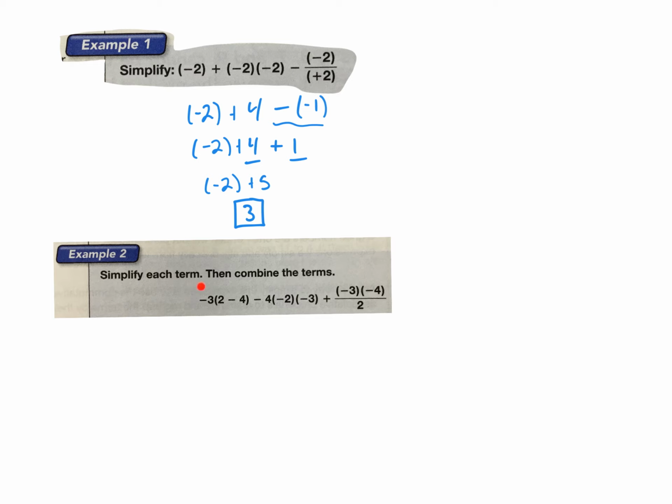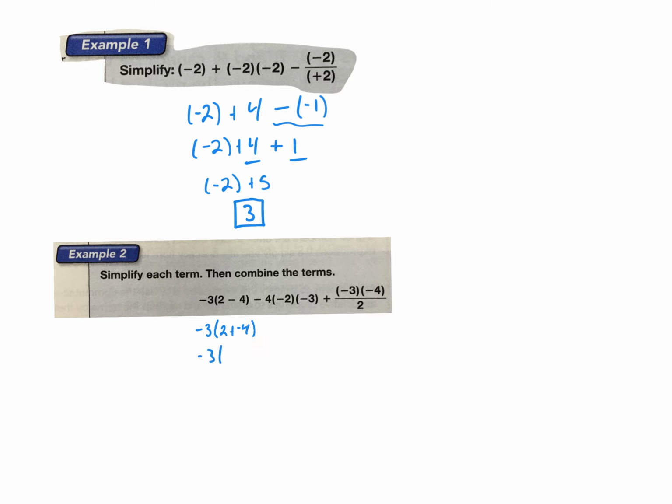Another one, simplify each term, then combine like terms. Alright, so here's this term, here's a term, and here's a term. So first off, I'm going to use the inside of the parentheses, so 2 minus 4. It's the same thing as saying negative 3 times 2 plus a negative 4. Different signs, so I subtract.